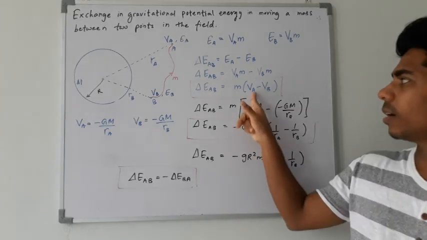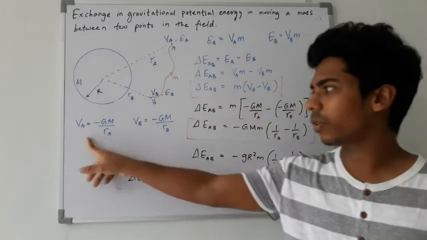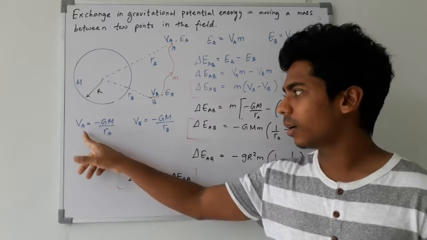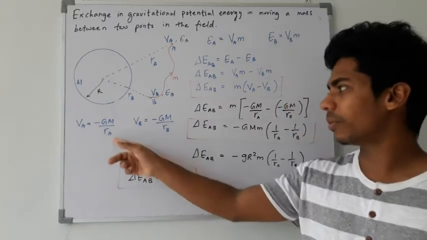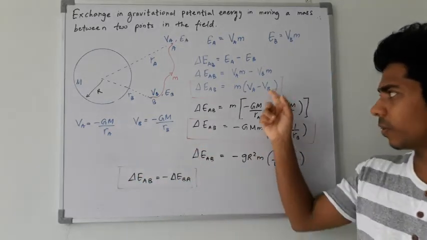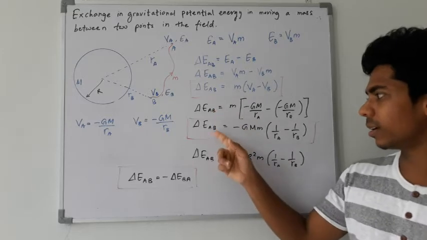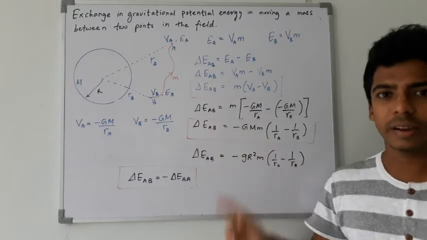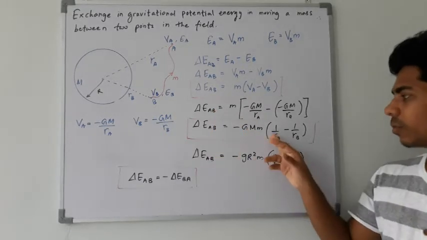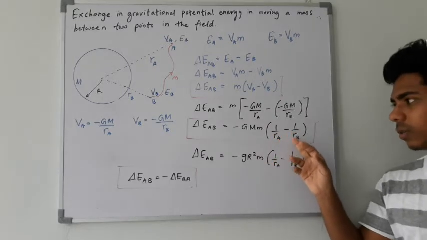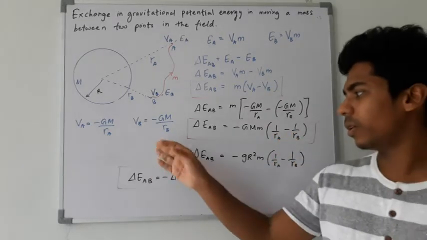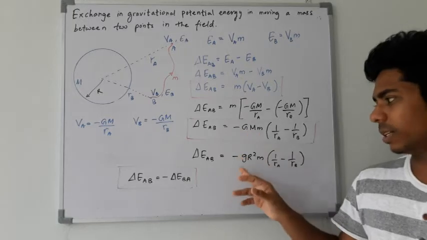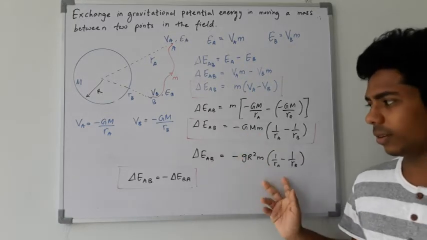Okay, and I know VA and VB in terms of M and R, so I can substitute those 2 terms in this equation. So I get delta EAB is equal to minus GMm times (1 over RA minus 1 over RB). And similarly we know GM is equal to gR squared. If I substitute that, I will get this equation.